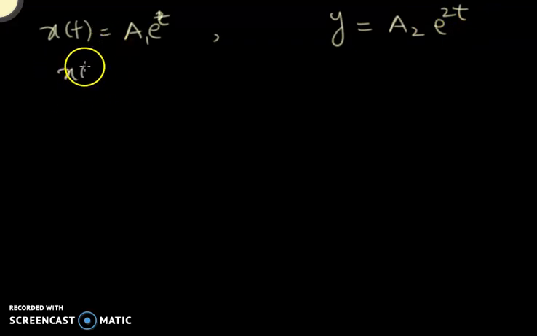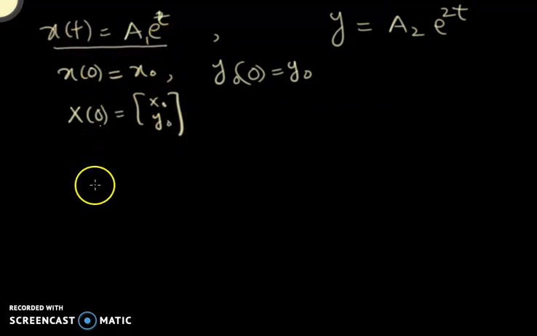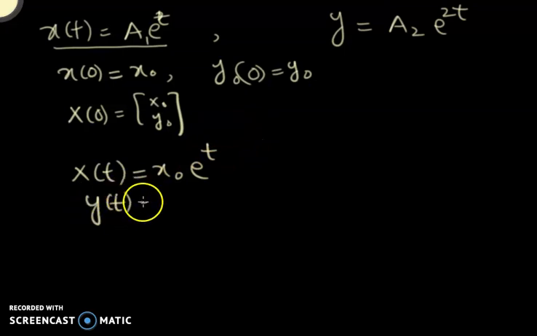Let's assume that x of 0 is x naught and y of 0 is y naught. In other words, the initial condition for the system is (x naught, y naught). If we apply this initial condition, we can write x of t equals x naught times e to the t, and y of t equals y naught e to the 2t.